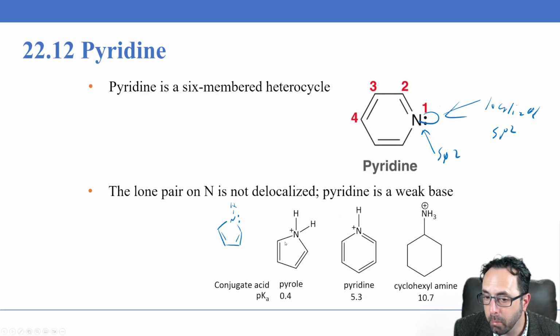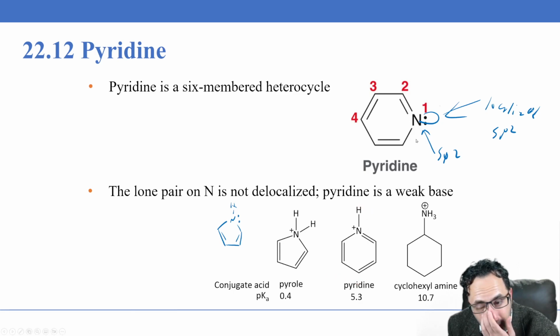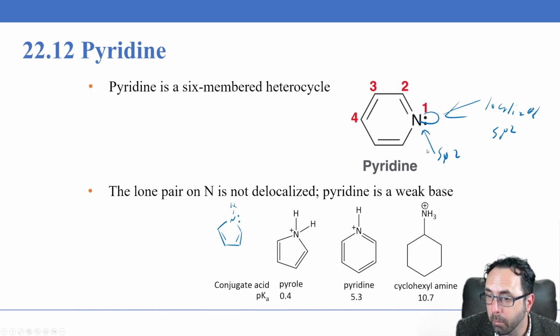It's not going to be a great base because this lone pair is not even stuck on the nitrogen. It's all over, so it might not be willing to grab a proton. Because it's such a terrible base, as an acid, the protonated form is quite strong. Now, pyridine is a decent base, in the middle of the road, because these lone pairs are localized, so they can grab a proton easier.